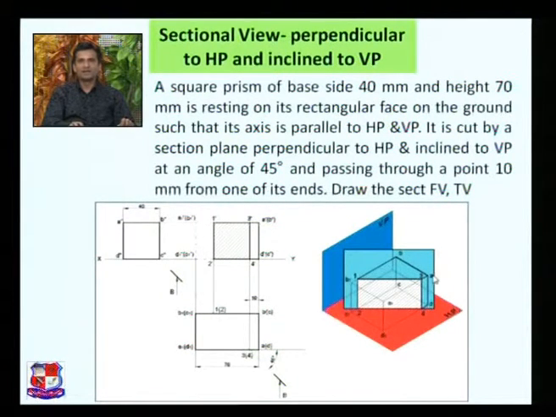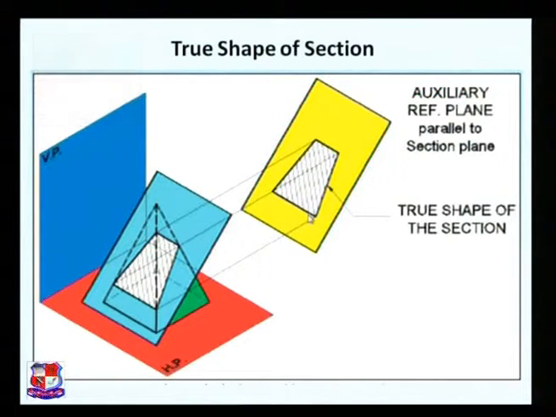So this is one end, and at a distance of 10 mm from this end, draw a line which makes an angle of 45 degrees with the XY line, and the appropriate shape would appear, which is represented over here. So I hope this case is also clear to you. This is the case, the true shape of the section. It is representing the true shape.